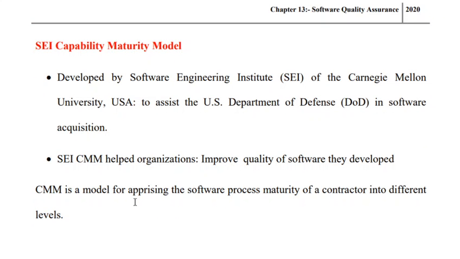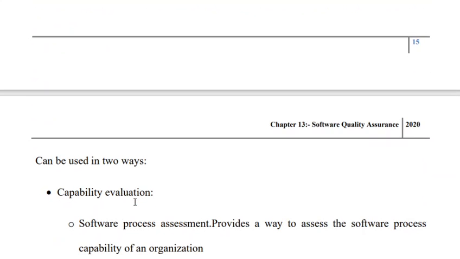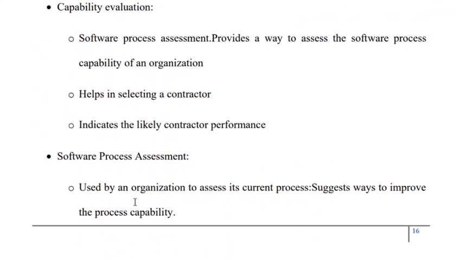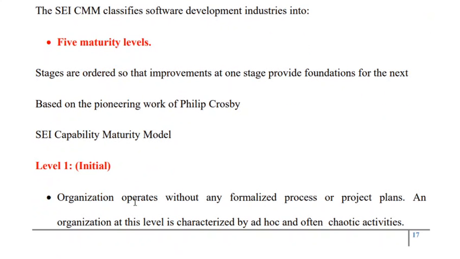We have learned about the very purpose of SEI CMM, and then we have learned about the use of SEI CMM, and we have learned that SEI CMM tries to classify the software development industry into five different levels. These are initial, then repeatable, then defined, then managed, and then optimizing.